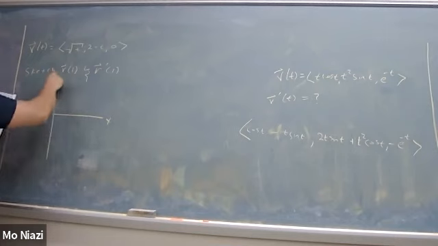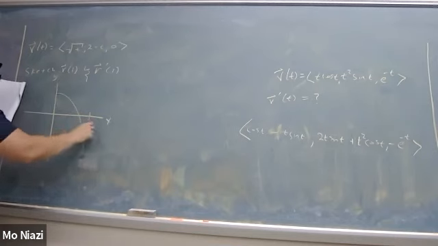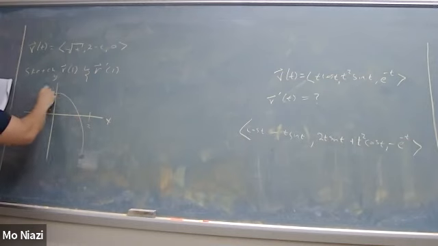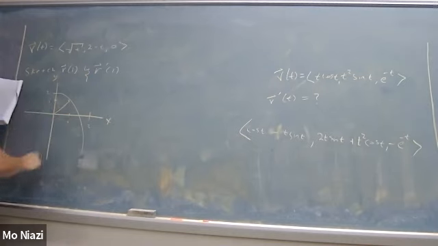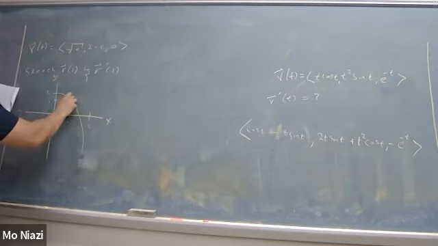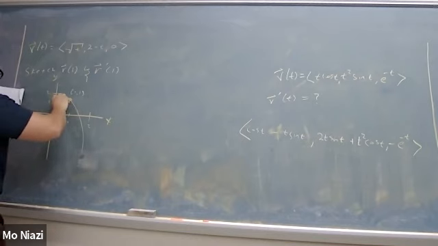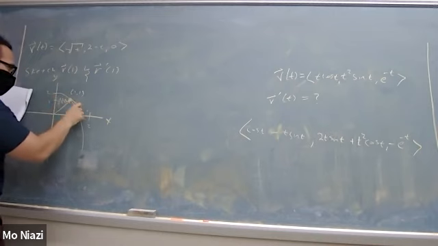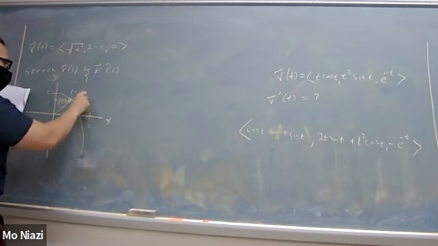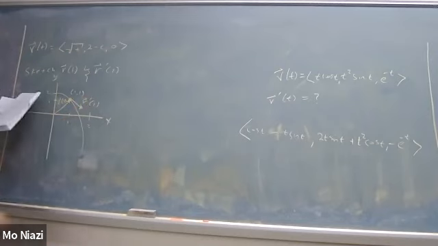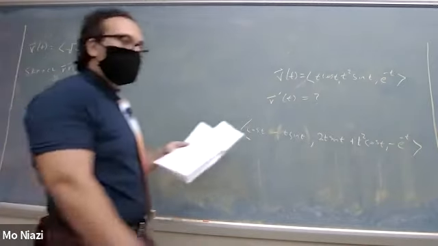Here's your x, here's your y. Here's 2, here's 2, here's 1, here's 1. So this is at (1, 1), and this is the vector r of 1. And then it shows you the tangent vector like this, r prime evaluated at 1. But it doesn't tell you how you came up with this picture, does it?